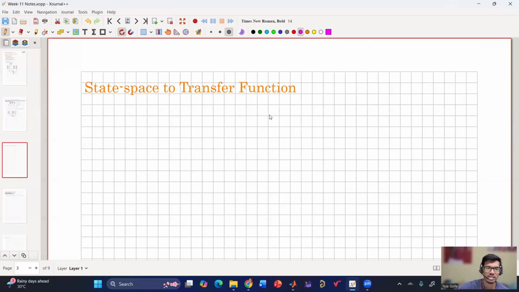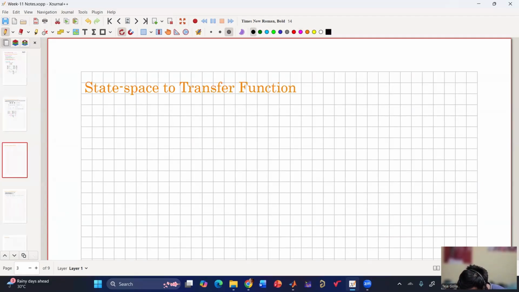So I have been given a state space. Can I calculate the transfer function? Say the state space is single input, single output as well as linear. Given that it satisfies all the conditions under which we can get the transfer function, can there be any correlation between state space and transfer function? Yes, there is a state space to transfer function correlation, and this is unique.